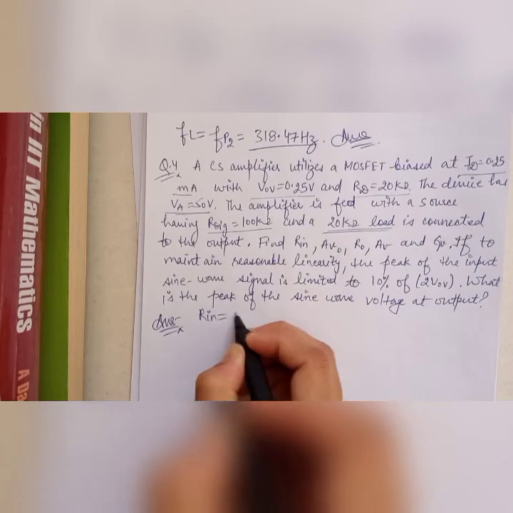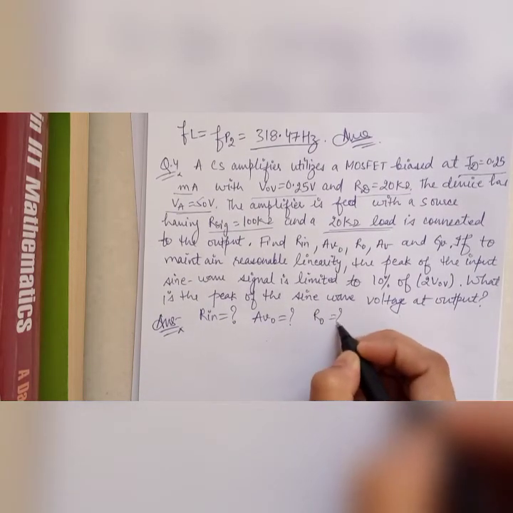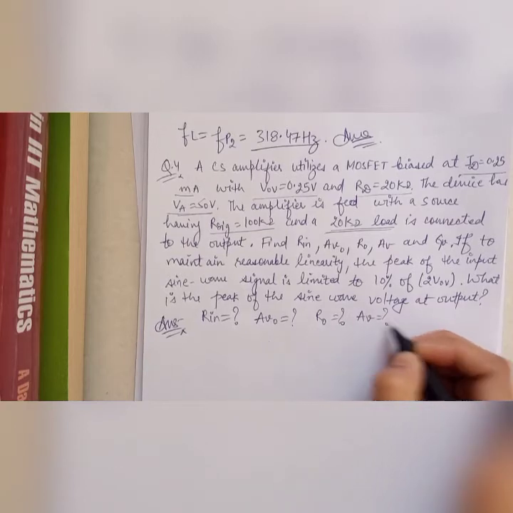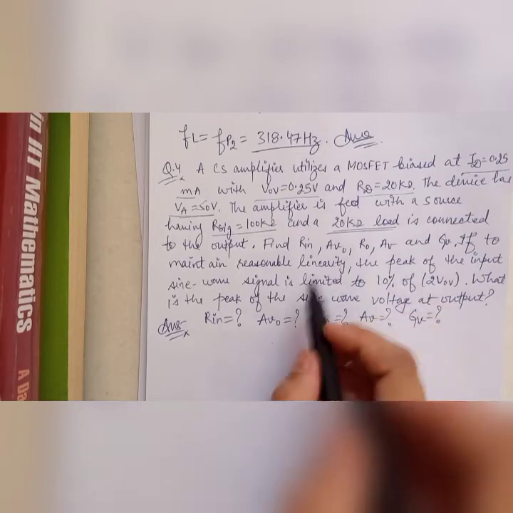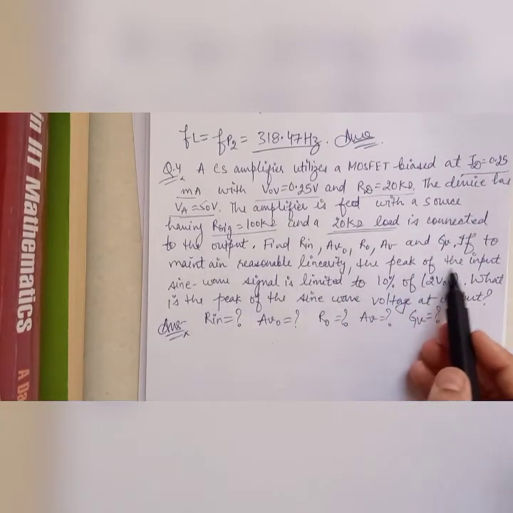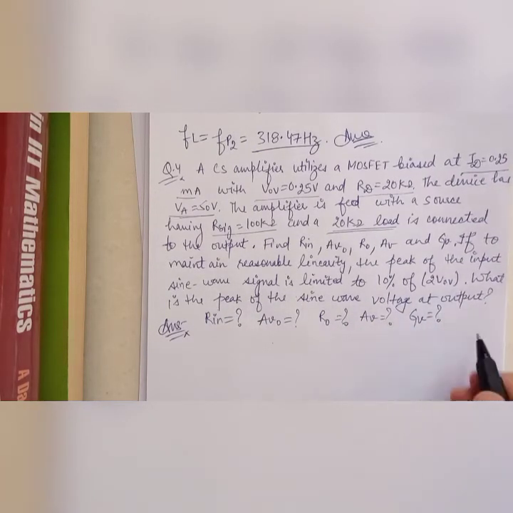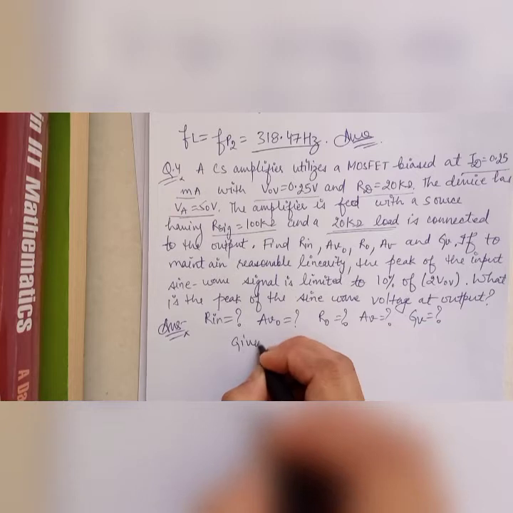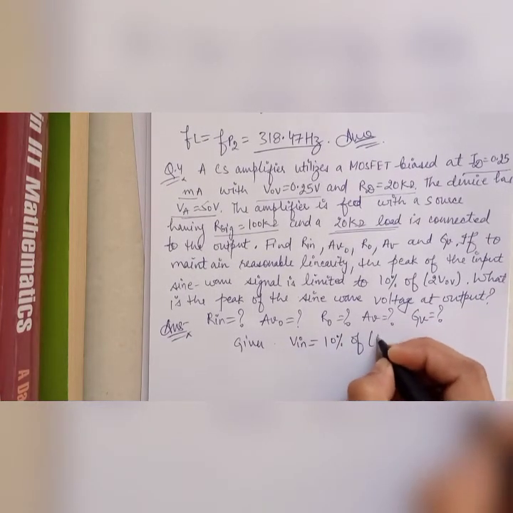You need to find out Rin, AV0, RO, AV and GV. And also one more sentence is here. To maintain reasonable linearity, the peak of the input sine wave is limited to 10% of 2 VOV. So what is given to you is your Vin is 10% of 2 VOV.